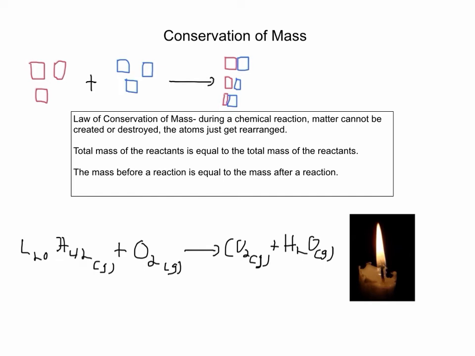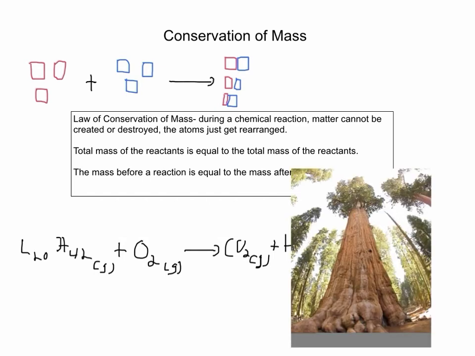And you can also see how the atoms are rearranged. The carbon from the wax now becomes the carbon part of carbon dioxide. The hydrogen from the wax becomes part of water. And the oxygen in the air becomes part of the oxygen in the carbon dioxide and part of the water. Another really interesting thing to think about is that if you look at a tree, most of what you see here is made of carbon.